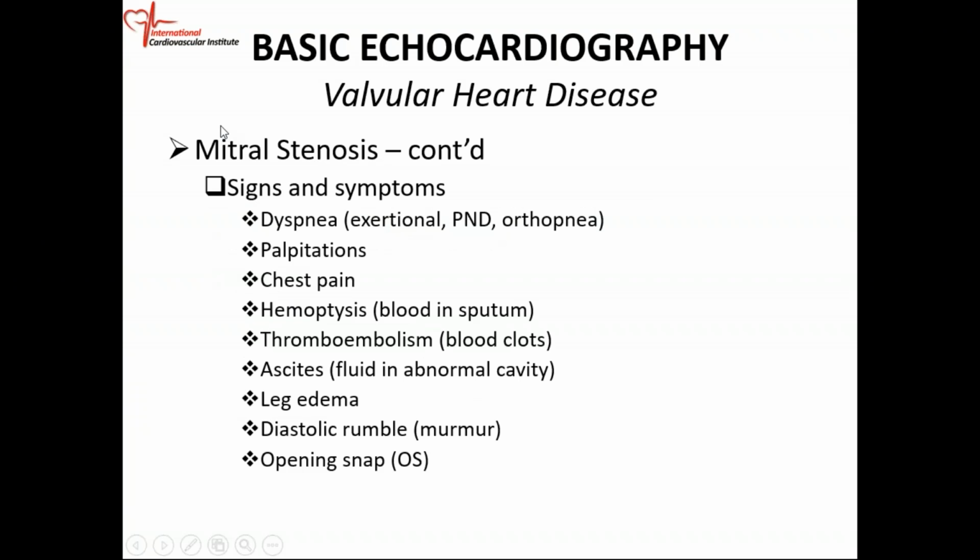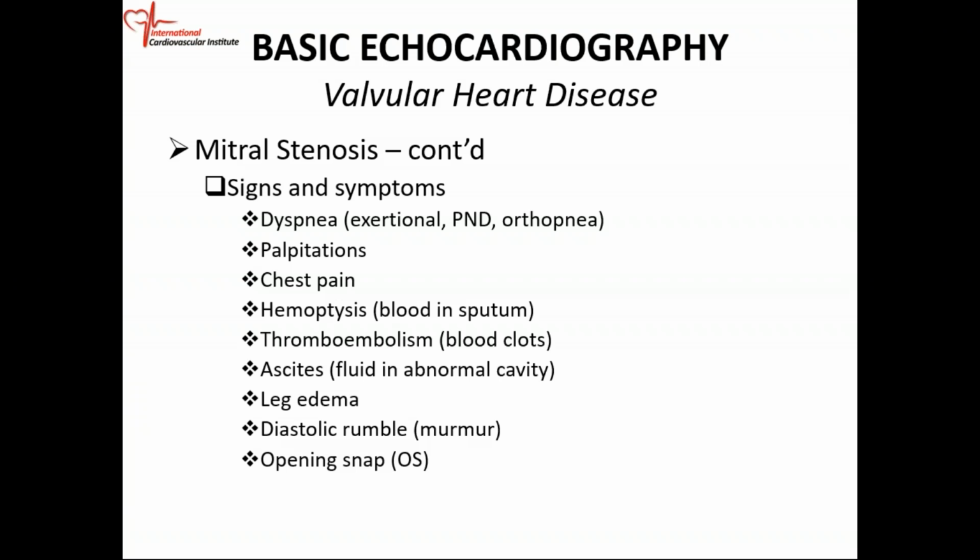What are some of the signs and symptoms of mitral stenosis? So the pathophysiology is obstruction to the mitral valve. Blood cannot get out of the left atrium, so the left atrium is going to get large. Those patients develop atrial fibrillation. They develop pulmonary hypertension.